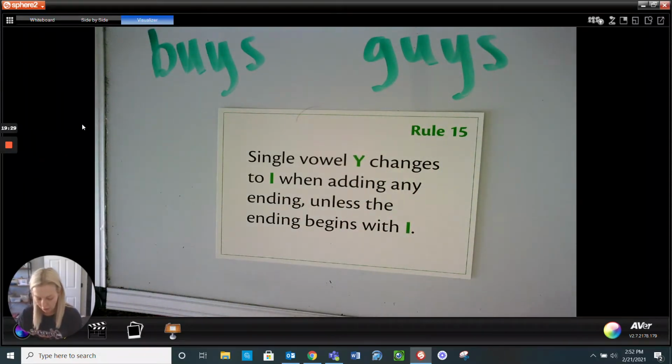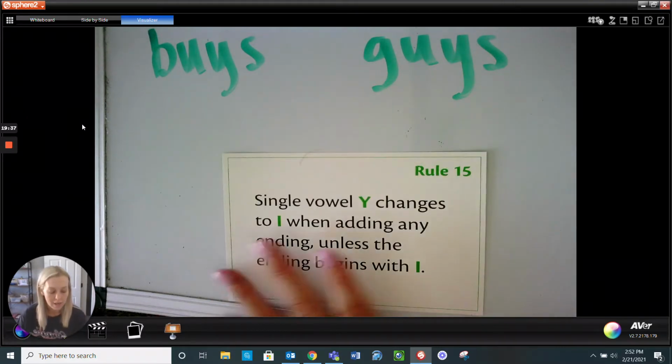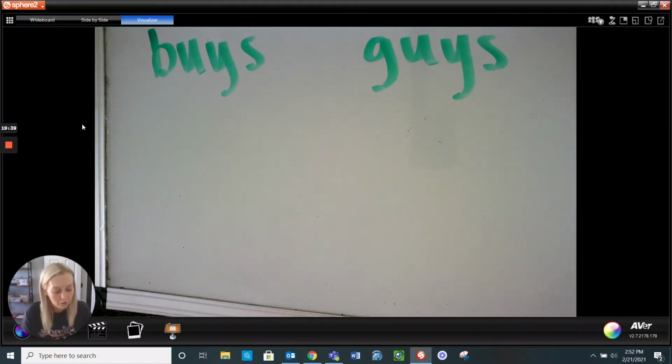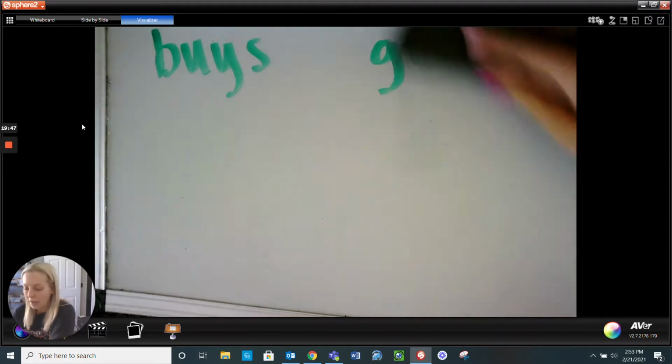Some words change and some do not when adding suffixes like able, est, and ly. Most words ending in single vowel Y do follow this rule. However, it's helpful to know that some of the one-syllable words do not follow it when we are adding those particular suffixes. All right, great job, my friends.